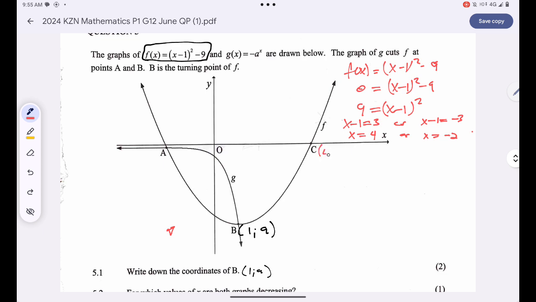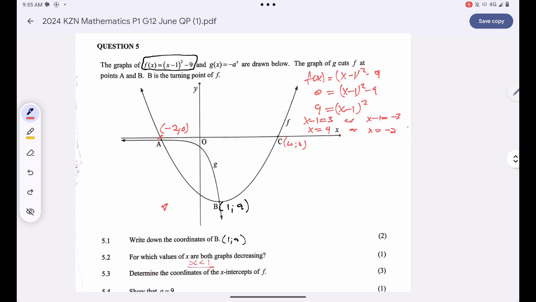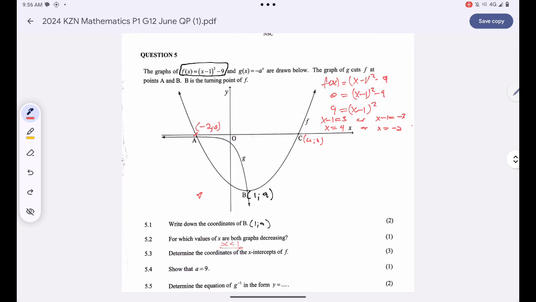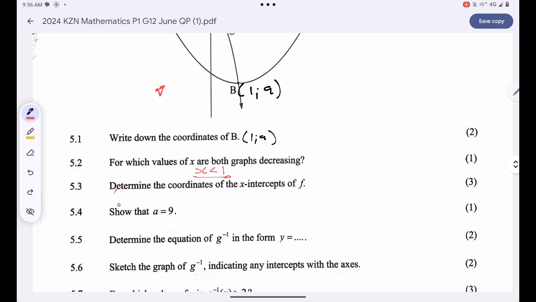So the coordinates of C, I have 4 and 0. The coordinates of the other x-intercept, I don't know its name, but I know it will be negative 2 and 0. That's negative 2 and 0, and then that's 4 and 0.